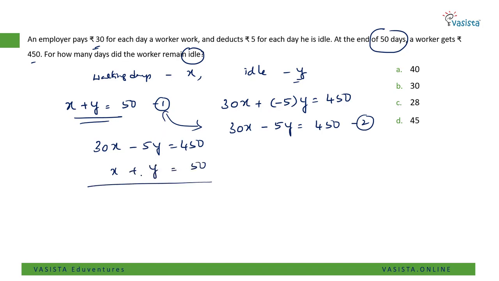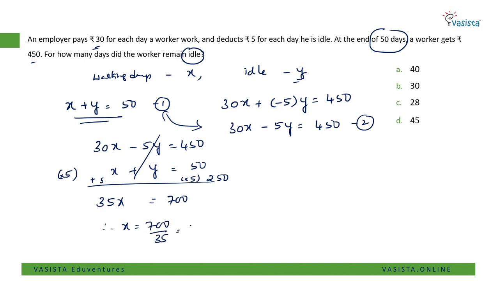Here we are supposed to eliminate Y, so just multiply the second equation by 5 and add. 30X plus 5X is 35X, minus 5Y plus 5Y cancels out, and 450 plus 250 is 700. Therefore X is equal to 700 by 35.